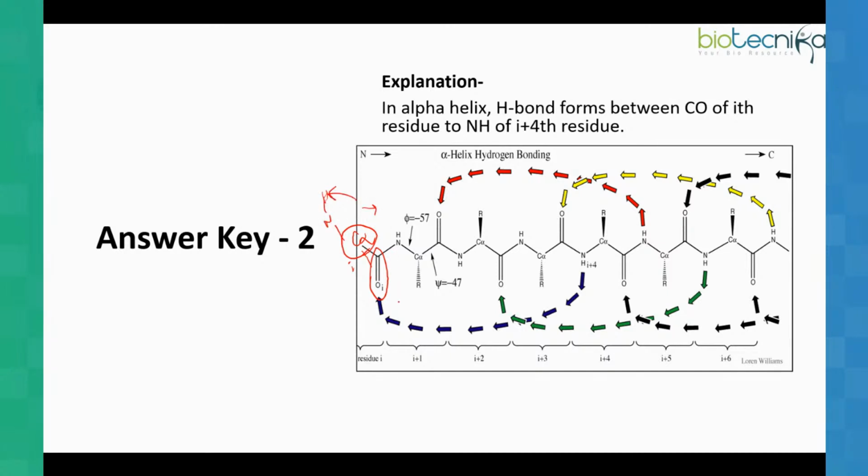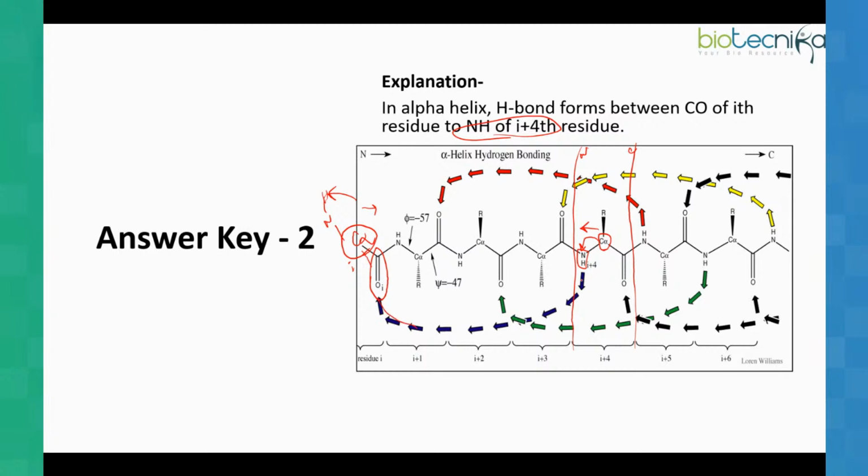Okay. So this is what you have, the CO of the ith residue, then the NH of the I plus fourth residue. You can see C alpha is there. Again, individually you have to consider N to C, hence the NH group will be present towards this side.